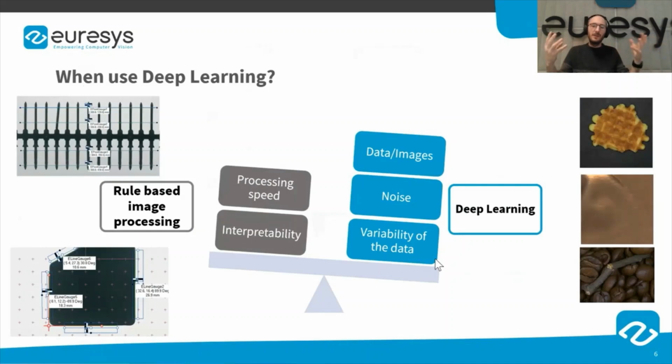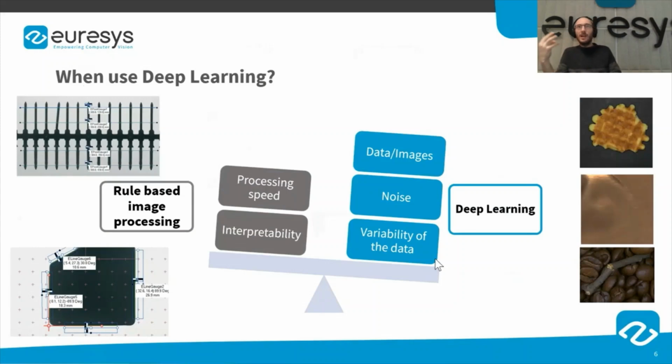Its processing speed will be higher. And also, it will be more interpretable. By that, I mean that you know exactly why your inspection algorithm gives you a certain decision, because your vision software engineer encoded all the rules in your program.